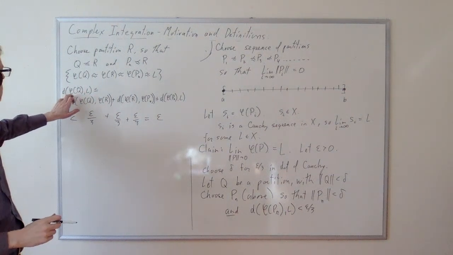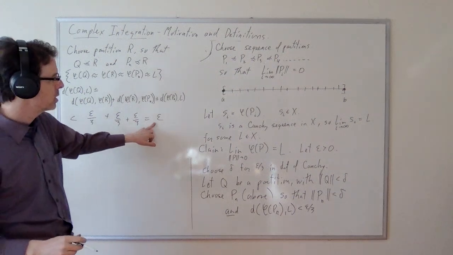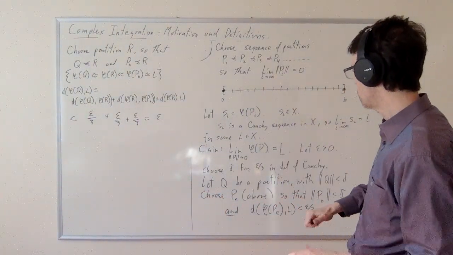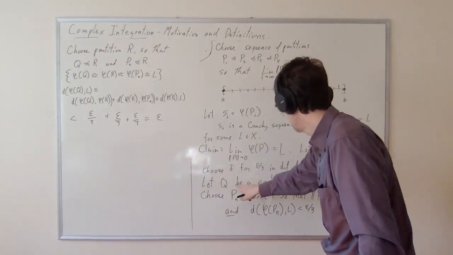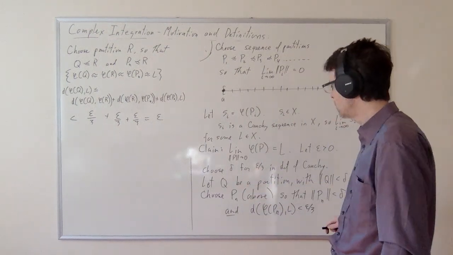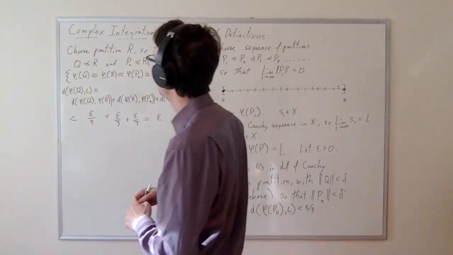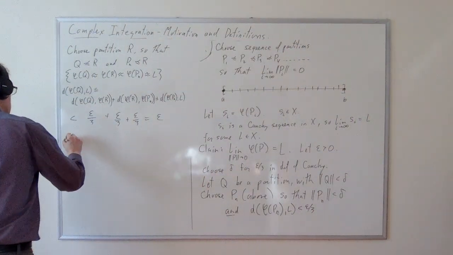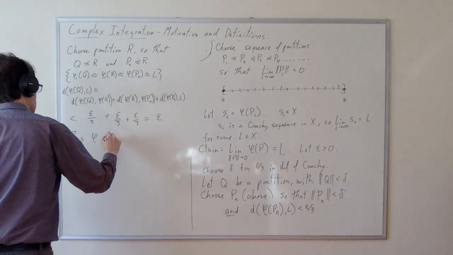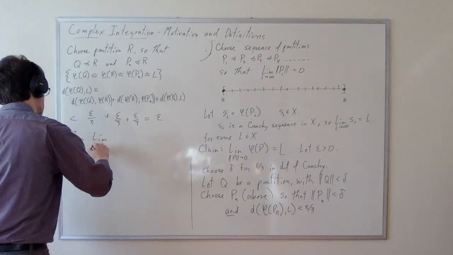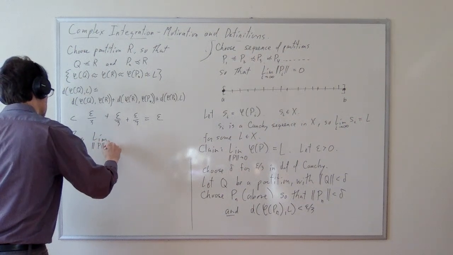So what is that? That's the distance from phi of Q to L being less than epsilon. That's for any Q, a partition with norm less than delta. So that completes the proof that phi converges, but technically I haven't defined converges. So let me say it straight up this way.